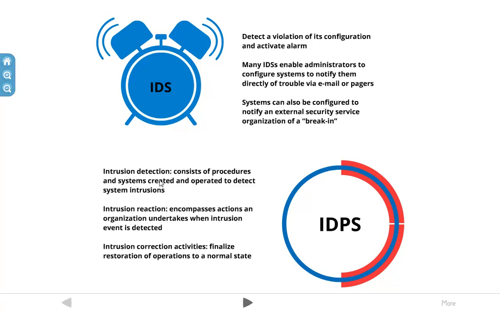So in many situations, your IDS system might be just a cron or on Windows a scheduler that basically generates a shell script activity, and then that shell script is going to check a number of things. And so that's how you can configure sort of a poor man's IDS system.